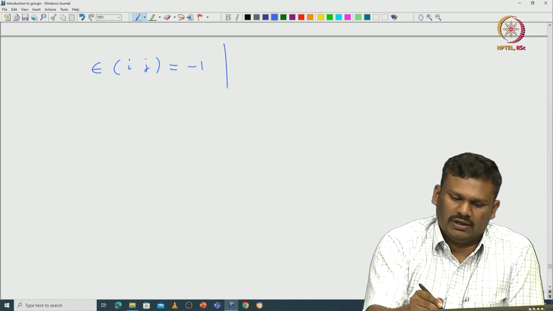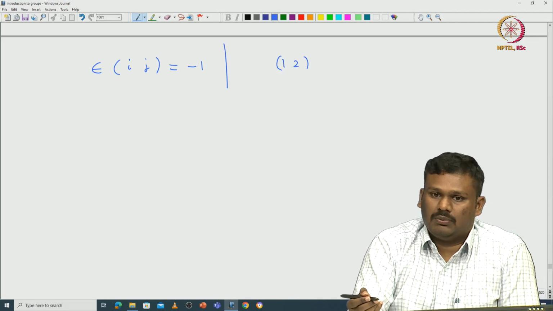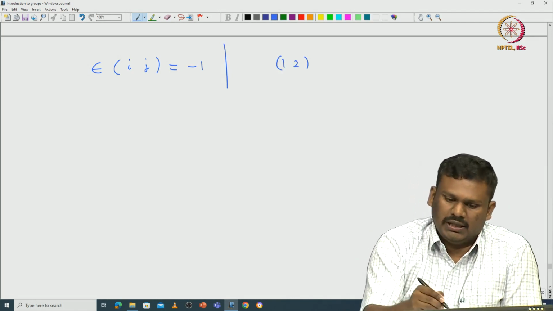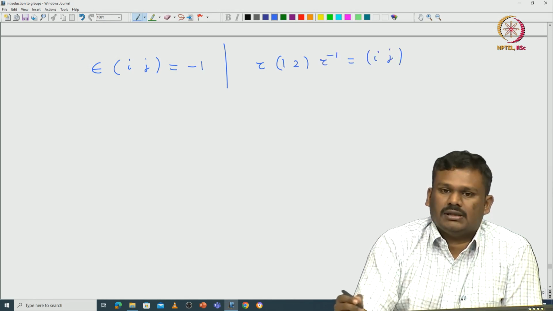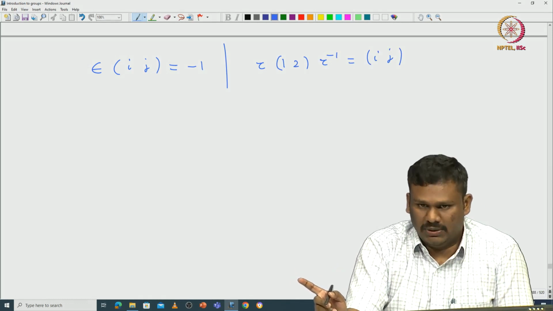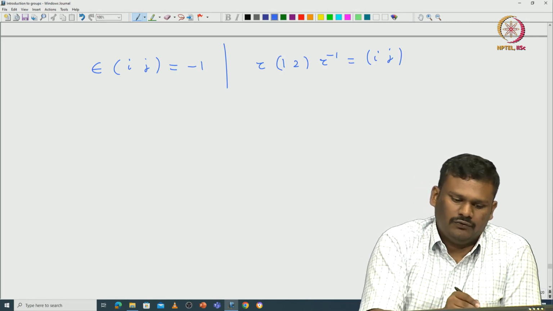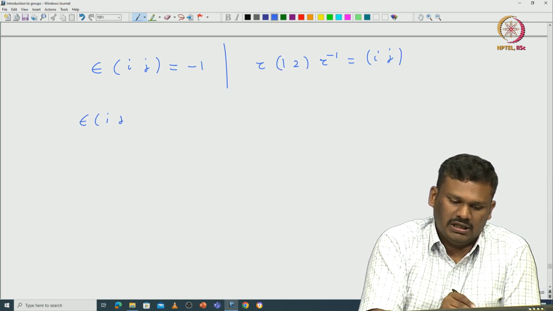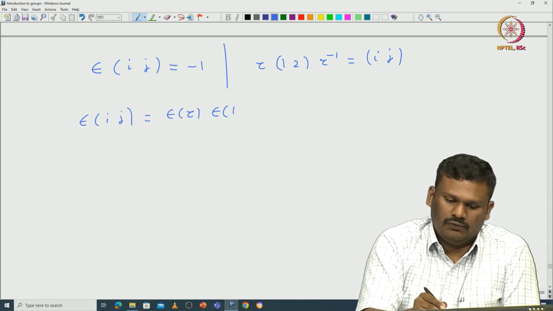How can one do it? For example, you take (1 2). So, (1 2) and (i j) are both transpositions. That means there will be some tau such that tau (1 2) tau inverse is going to be (i j). This is something we have already seen: if two permutations have the same cycle type, they must be conjugate. So, any two transpositions are conjugate. In particular, if you compute epsilon of (i j), this is going to be epsilon of tau, epsilon of (1 2) and epsilon of tau inverse.